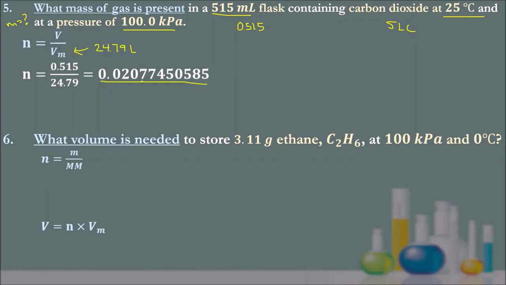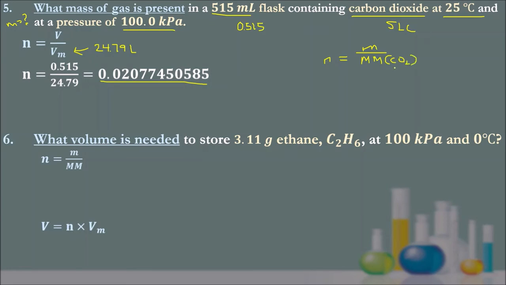Okay, so knowing that the number of moles of carbon dioxide is what I'm trying to find, I'm trying to find the mass over molar mass. Carbon dioxide, you can find that on your periodic table.